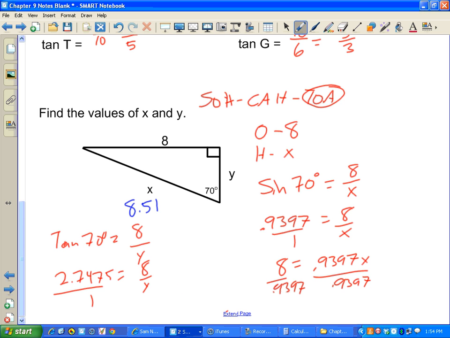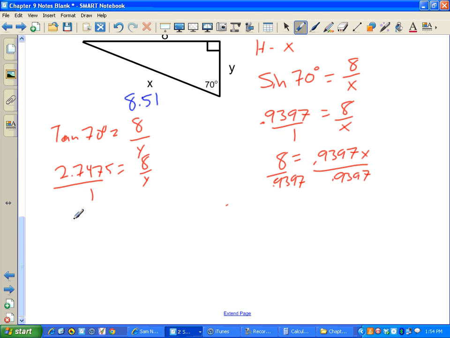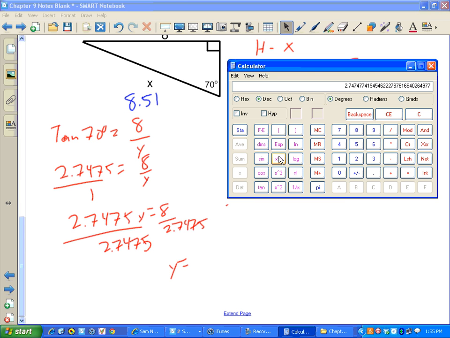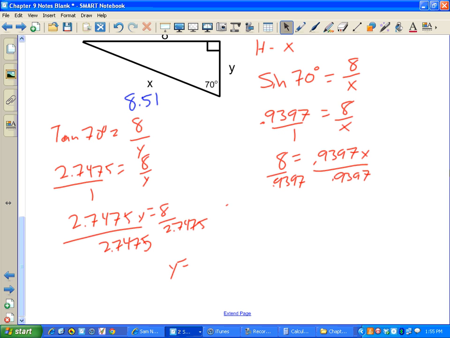Cross multiply. So I get 2.7475y equals 8. Divide by 2.7475. And I'll get y equals 8 divided by tangent of 70 equals 2.91.